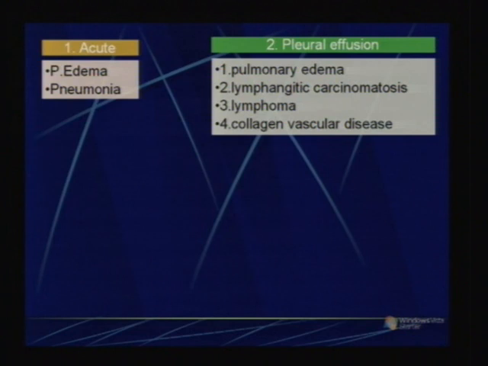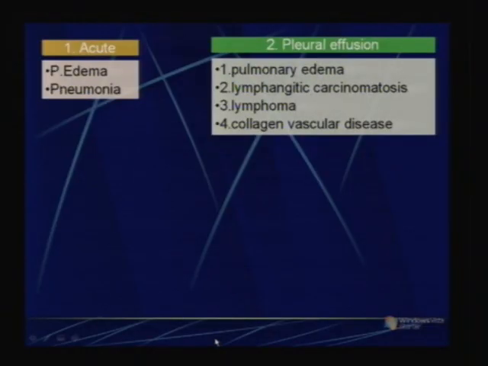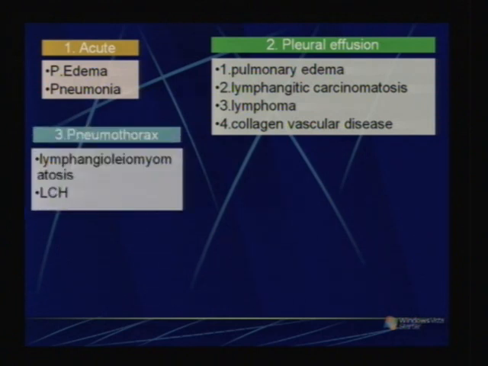If the patient has presented with an acute problem, then this could be due to pulmonary edema or pneumonia. Those interstitial lung diseases which are associated with pleural effusion on plain X-ray suggest very highly the differential diagnosis of pulmonary edema, lymphangitis carcinomatosa, lymphoma, and collagen vascular disorders.